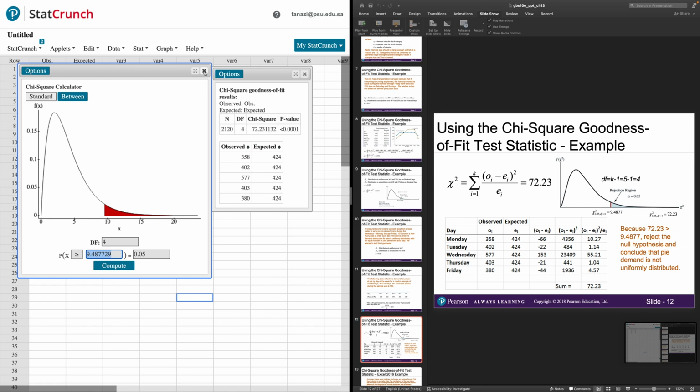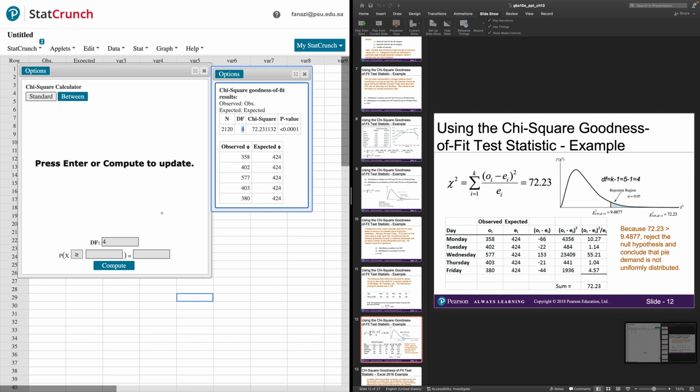Before I tell you the second way, how do I find the p-value from the calculator? To find the p-value, you write the degree of freedom, and here you have to write the chi-square test statistic.